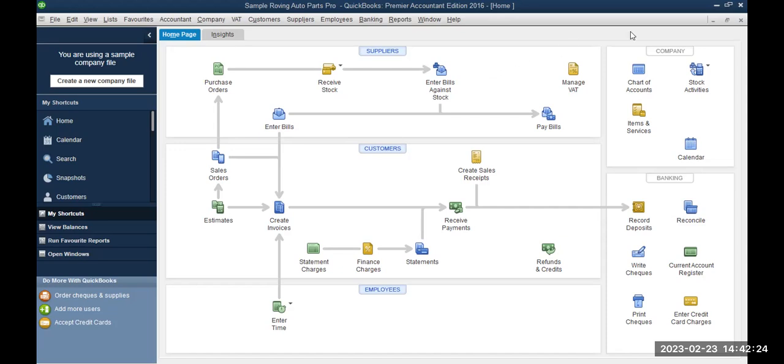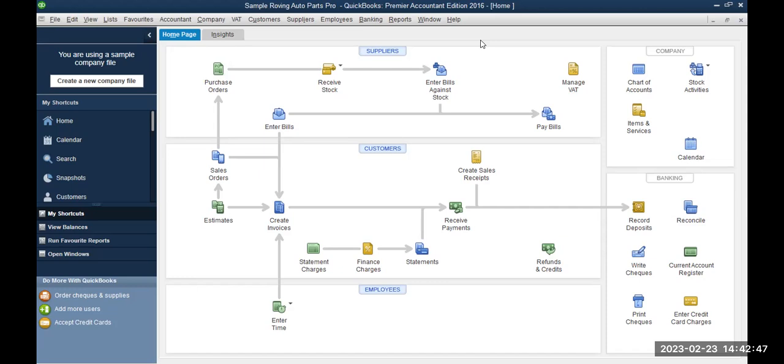So how would we go to the audit trail? Remember, if you're having a multi-user function, it means that there's more than one user accessing the accounting software. And it means then that you've assigned them different roles to do different things. So the audit trail in QuickBooks allows you to be able to see who did what at what time, okay?